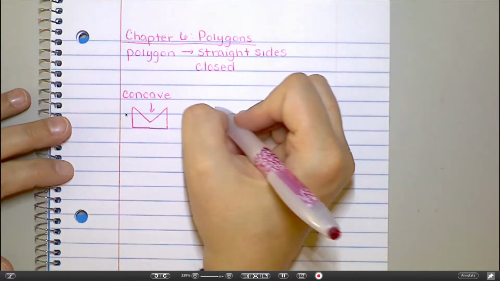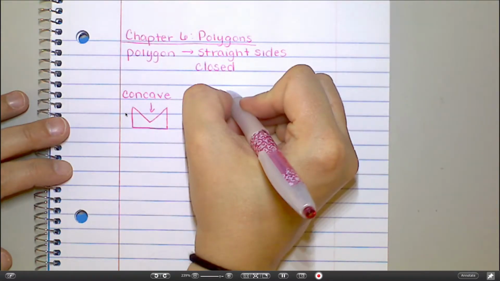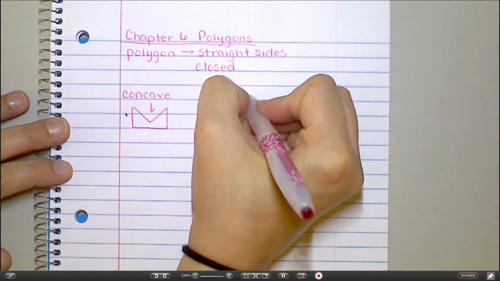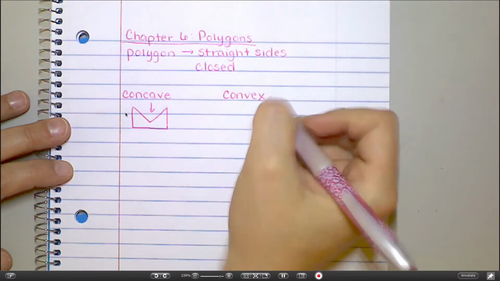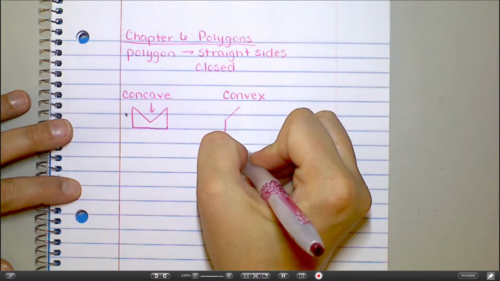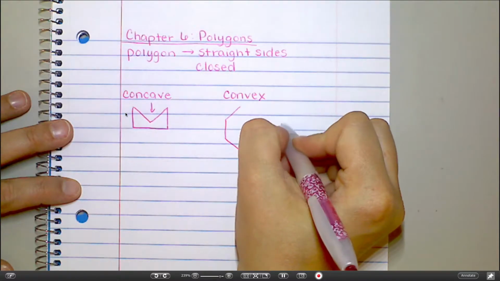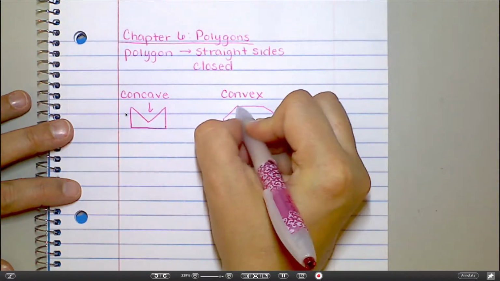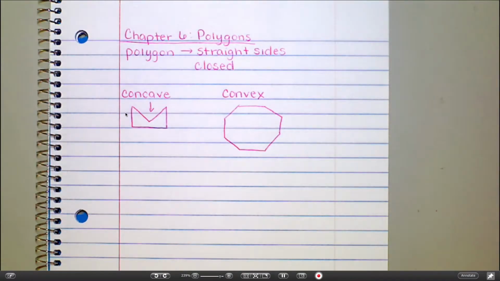What's the other one? Convex. Good. Convex would be something like that, where there's no point where it caves inward. So there's concave, convex.